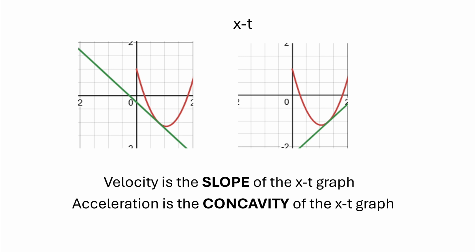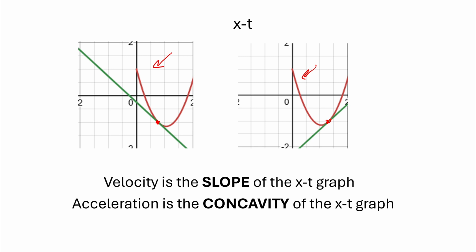So what I've done here is I've drawn the same curve twice, and what I've drawn is a line that represents the slope of that curve at a particular point. This green line says that the slope of the curve, the steepness of the curve there, is negative. It slopes downward. And over here, the slope of the curve is positive. So that must mean that the slope is changing.